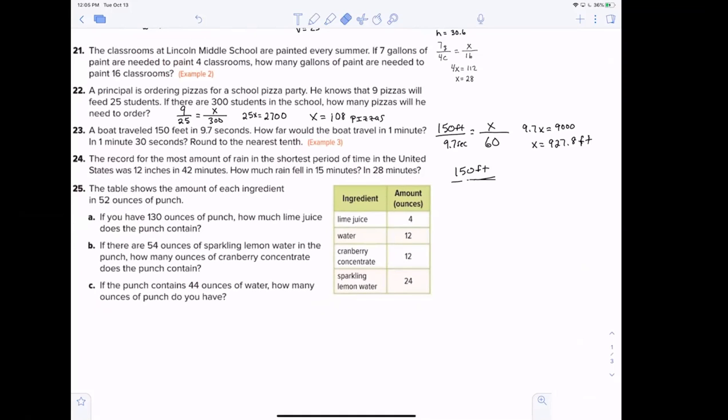My question to you is, how do I set that up? 150 feet to 9.7 seconds equals x over what? 90. Yay, good job, girl. So, 9.7 x. 13,500.